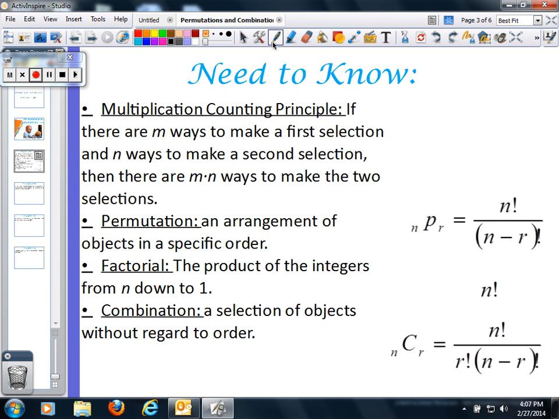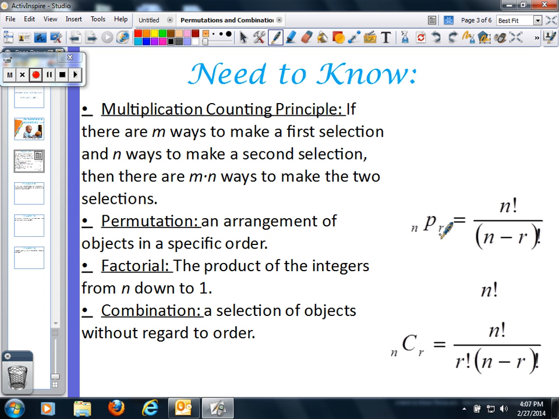Permutations now are an arrangement of objects in a specific order. So anytime they're talking about you choosing between a certain number of things and they have to be in some sort of an order, that's what we call a permutation. And we're going to use this formula. N is the number of objects you're choosing from, and R is how many you're choosing at a time.